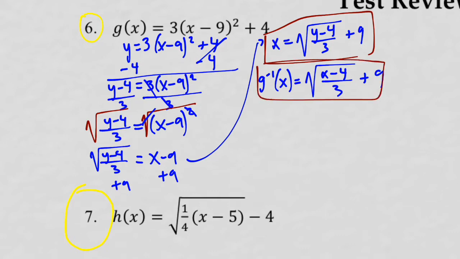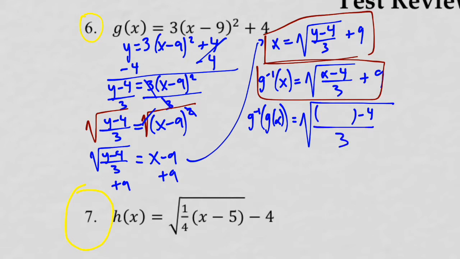Check using composition. What I'm going to do in this case is I'm going to plug in the original into the inverse. Okay, so the original into the inverse, see what we get. So I'm going to take the inverse, and in it I'm going to plug in the original. So it looks like this. Minus 4, something minus 4 over 3 plus 9. 9 over there at the end.